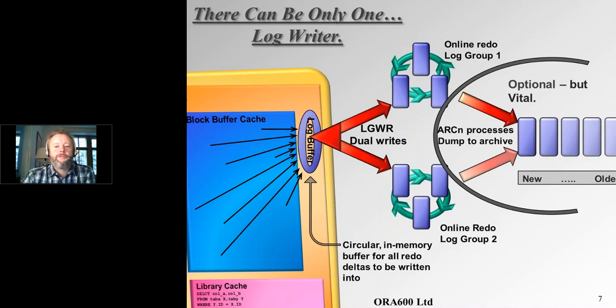So long as the redo log groups are on similar storage, there is not really an extra write latency by having more than one, because Oracle writes to them asynchronously, and it will wait until one of them has returned before it continues. Yeah, that was another question. If you lose an online redo log group, Oracle will put warnings in the database alert log, but it will keep going so long as it's got one left.